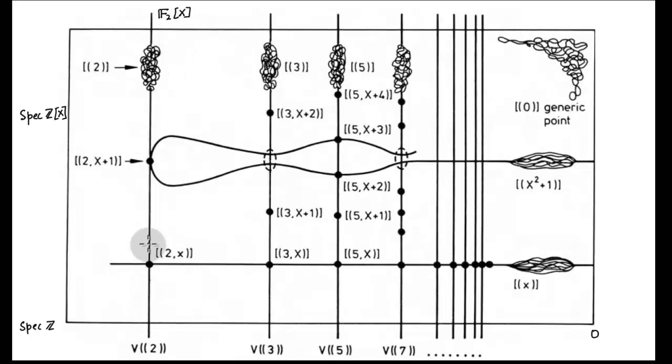Again, we talked about this: our prime ideals in Z[x] consist of this prime p, and this point x corresponds to an irreducible polynomial, irreducible in Z[x]. So this point is prime p and irreducible polynomial f. Similarly, this 3 is prime and the irreducible polynomial is f. 5 is prime and the irreducible polynomial is f, which is x. Correspondingly, here you can say it is (7, x), and so on.